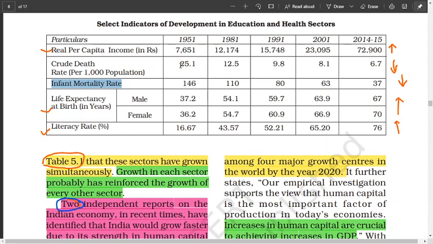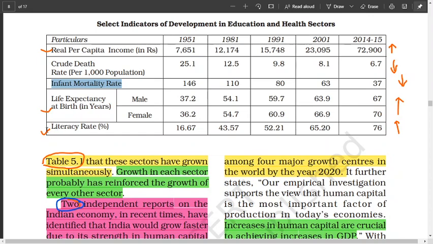The crude death rate per 1,000 people has also declined. So that's about the development of healthcare. That's about bringing human capital. So you understand, in India our health has improved, and the improvement in health has brought about an increase in income.